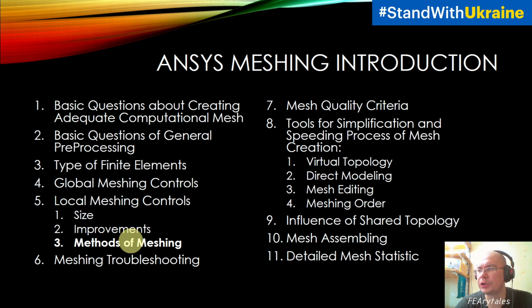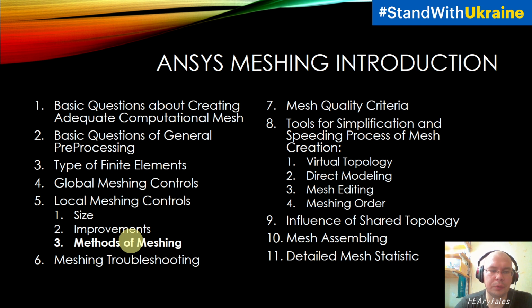We talk about types of finite elements. There are a lot of different finite elements, and we will talk about their types and what they can do with our problem, and where different types of elements can give some benefits to us.